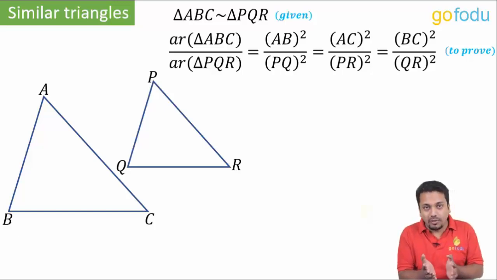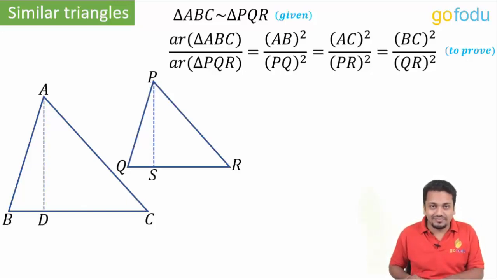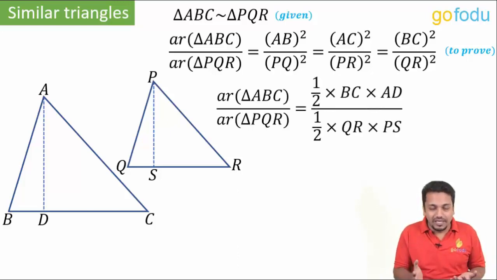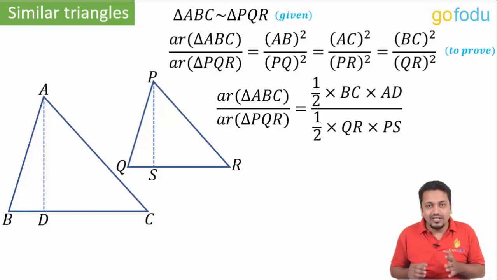Now as we are talking about areas, first thing that should come to your mind is dropping the altitudes. Now area of triangle ABC is half BC into AD, and area of triangle PQR is half QR into PS. Half and half can be cancelled.